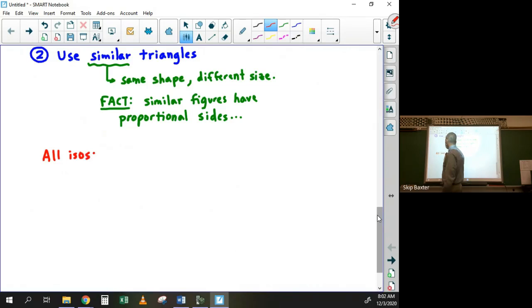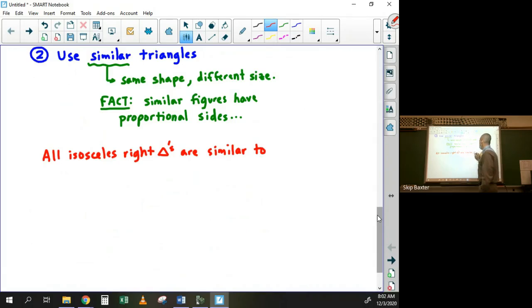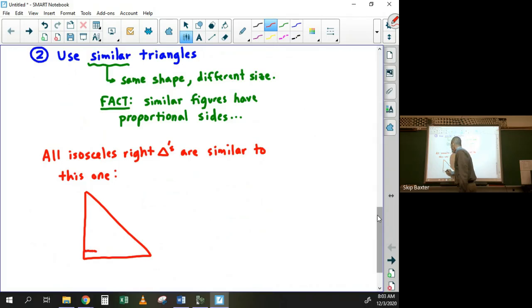Okay? So if we know that all isosceles right triangles are similar to this one right here, if we knew the lengths of the sides of this one, we could just set up a proportion to find the lengths of the sides of another one.